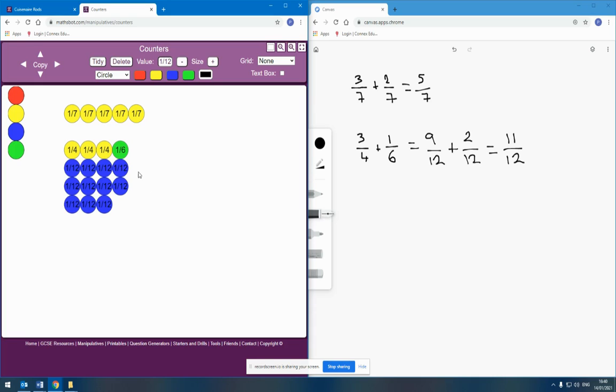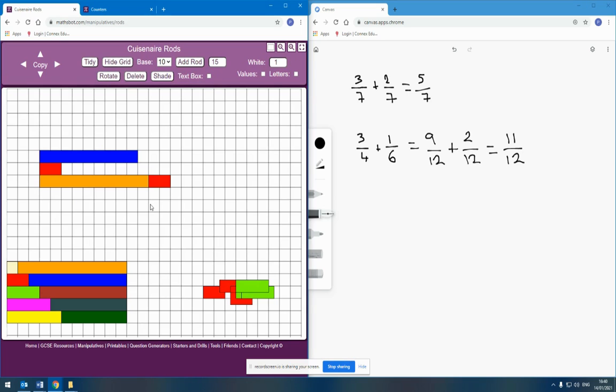But obviously, this requires some underlying knowledge of addition, as requiring all of the objects to have the same unit value, and of equivalence of fractions, that I can convert a quarter and a sixth into other equivalent fractions that have the same unit value.